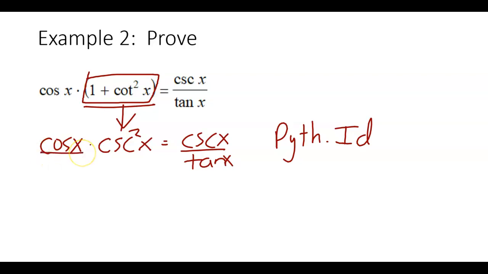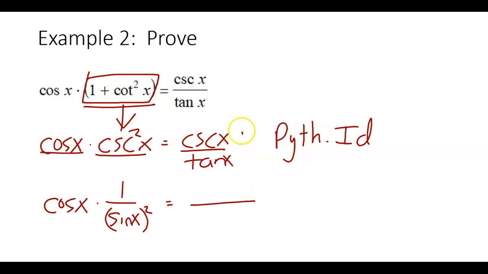So this guy's fine. It's already cosine, so I'm going to leave that one alone. This guy can be rewritten as 1 over sine x squared. And this guy here is going to be rewritten as the following. I can replace the cosecant on the top with 1 over sine, and I can replace the tangent on the bottom with sine over cosine.